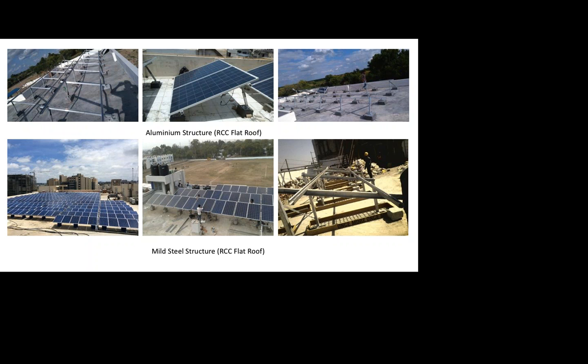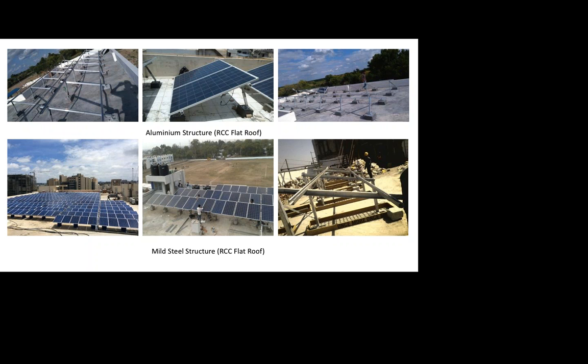So aluminium plus ballast structure would be a little heavily loaded on the supply part, so aluminium is coming at, let's say, 185 rupees a kg, but the quantity is 21. Vis-a-vis, if you compare with the MS structure, it comes at 70 rupees a kg, which is fairly less, but the quantity is almost more than double. So that is where they balance out each other.